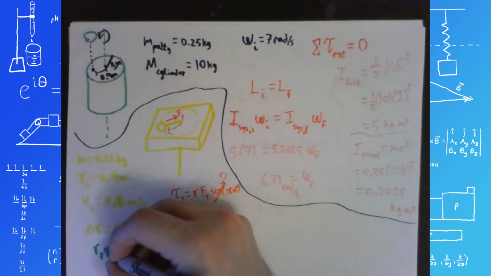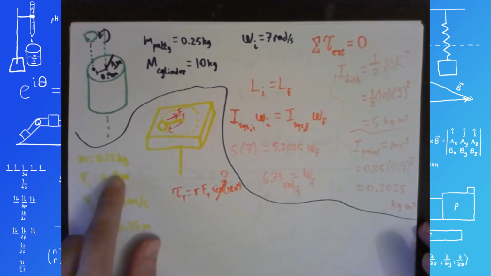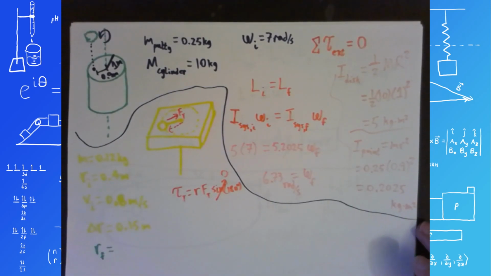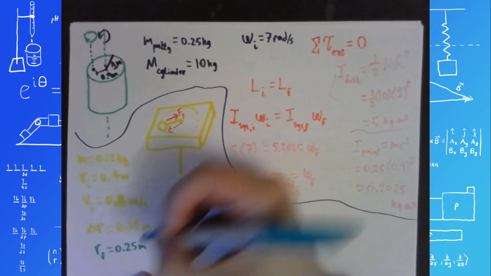Our final radius is going to be pretty simple. If the string is pulled 15 centimeters and it was originally 40 centimeters, then it's gone down by 15. So 40 minus 15 is 25 centimeters, or 0.25 in meters.